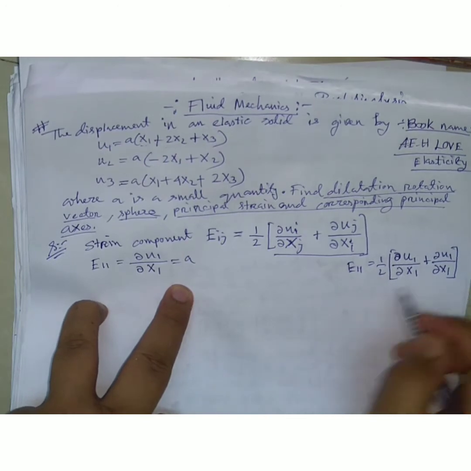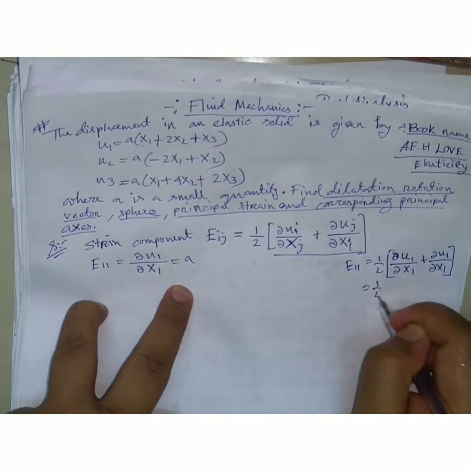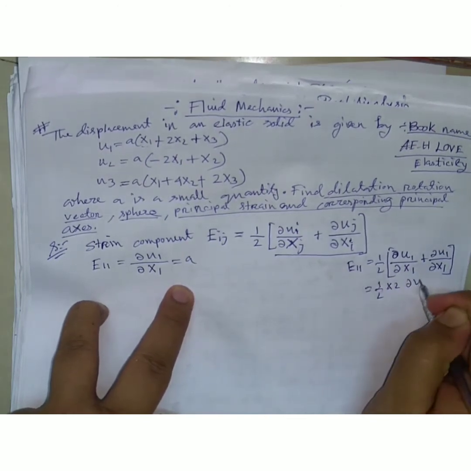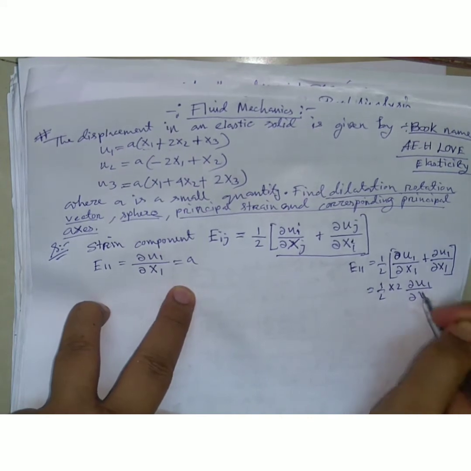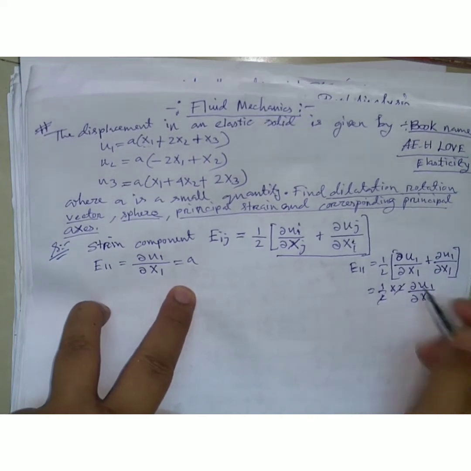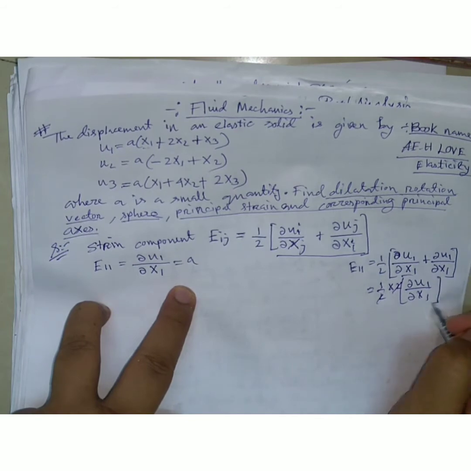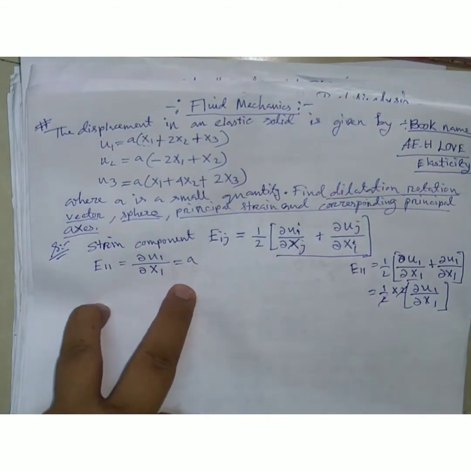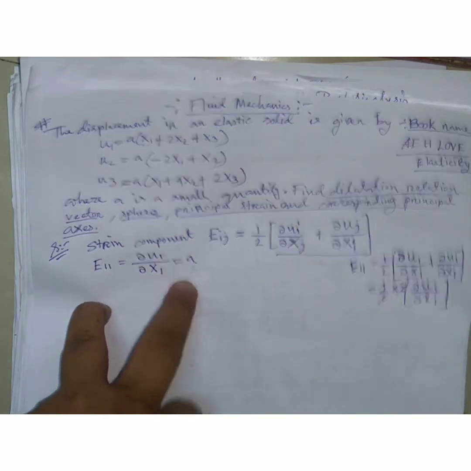If you add this, it is half into 2 into del u1 divided by del x1. 2 cancels, and we get del u1 divided by del x1. Very simple.